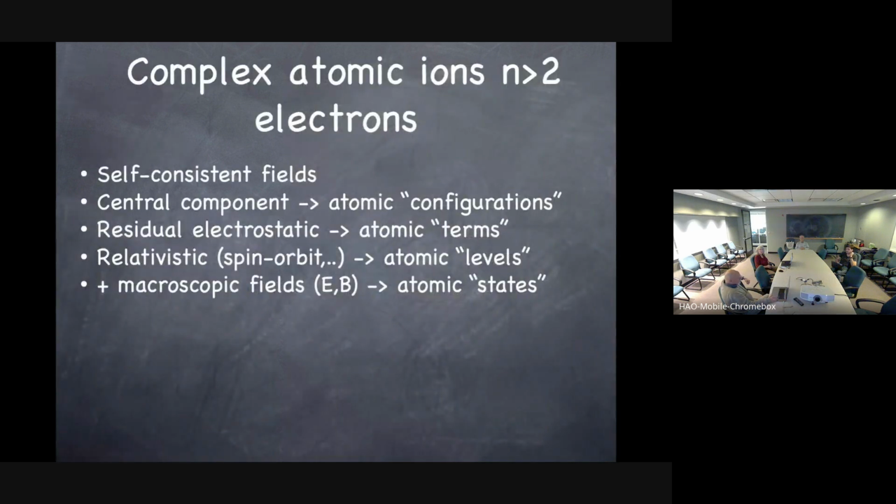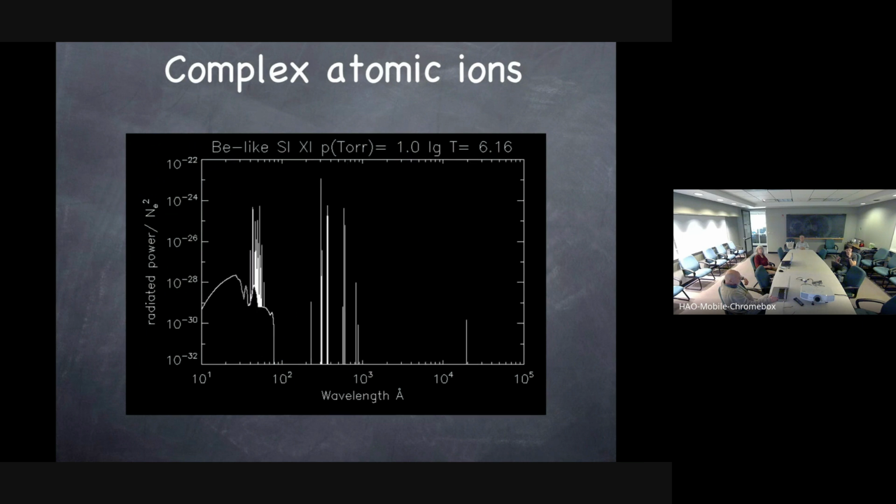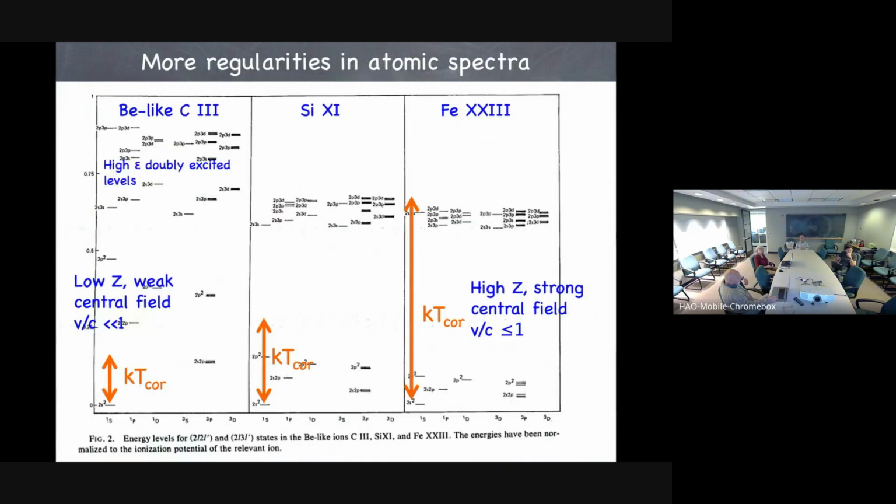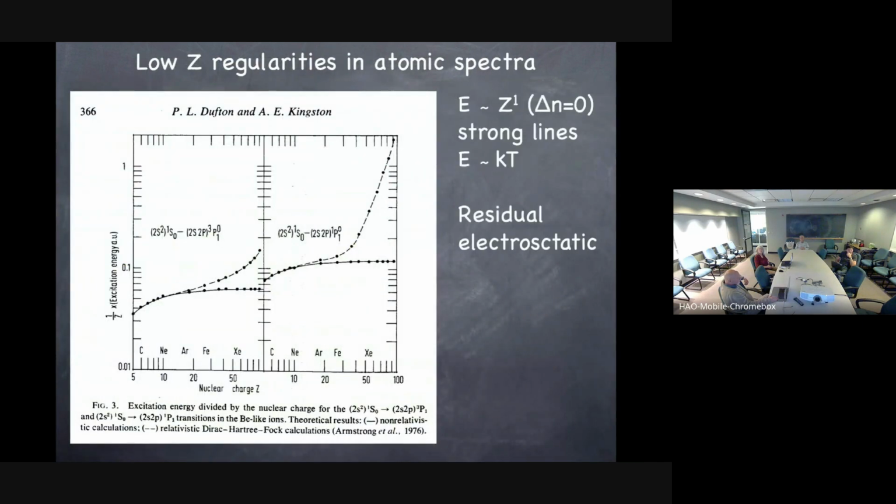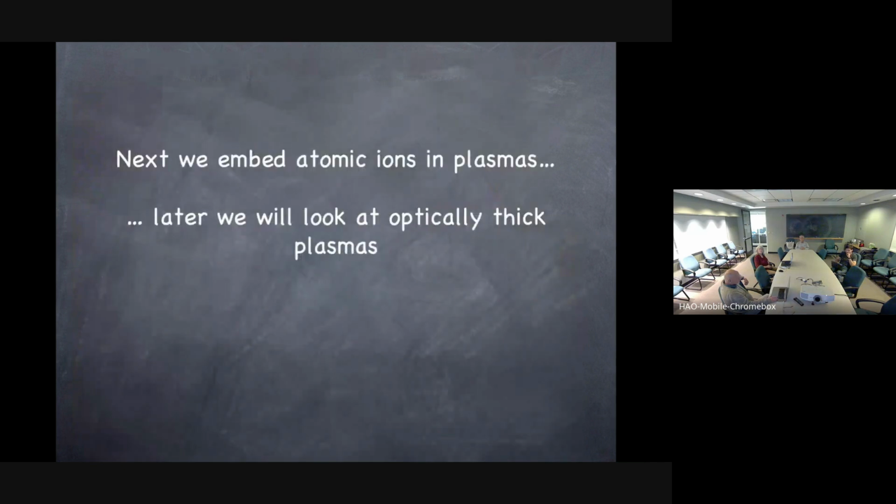So next, I'm tempted to skip the really complex atoms, but this is sort of what I'd like to talk about and show you. I showed you some of these before, so again, some reinforcement for next time.